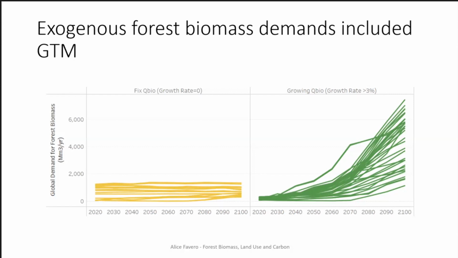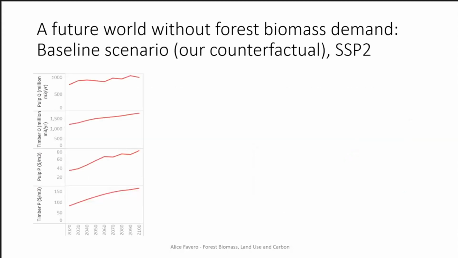Again, we're talking about changes, so the next thing I want to show you is our counterfactual, which is the future without forest biomass demand. We call it the baseline scenario. It's based on the SSP2, so a future that is somehow very similar to what we have right now. The economy is going to grow, population is going to grow, and what we are expecting is an increase in consumption of timber products.